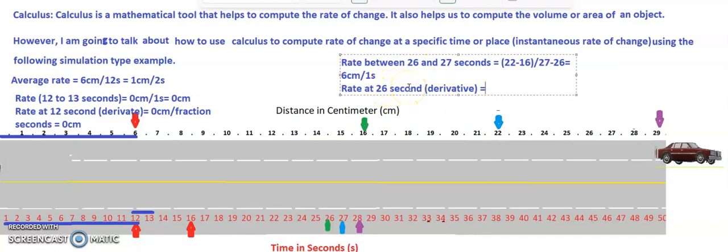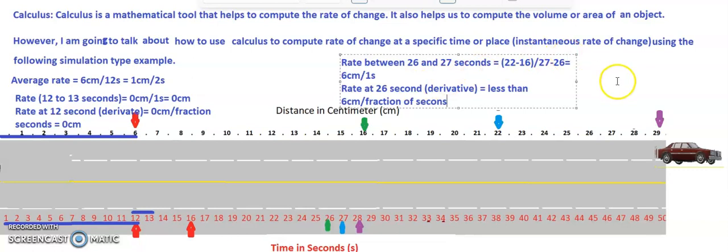I'm going to show you the mathematical formula for how to compute the rate at a specific instantaneous point. In this case, it could be something less than 6 centimeter per fraction of seconds.